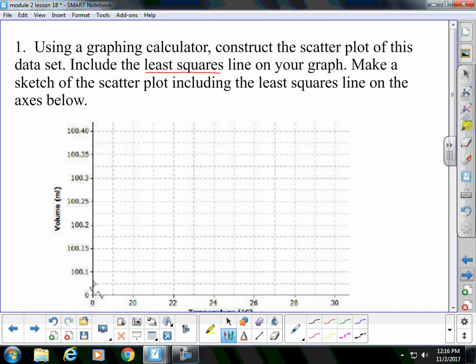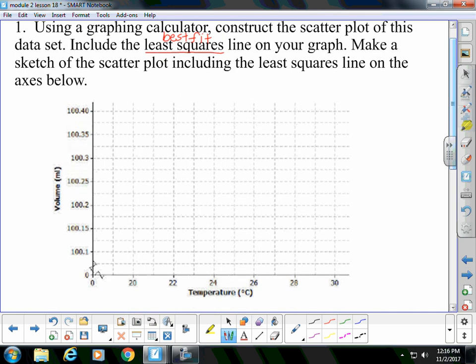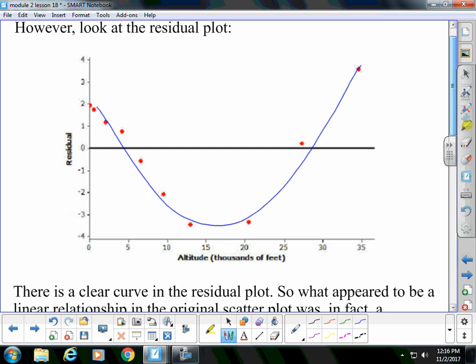We're just using new vocabulary. I guess it's not so new anymore because they've been saying this for the last couple lessons. So the best fit line. And then we're going to make a sketch of the scatter plot, including the least squares line, on the graph below. Alright, to make it easier for me, I'm going to get a copy of that table.